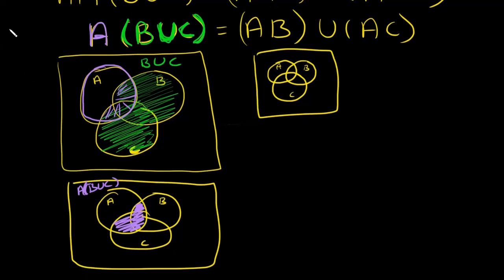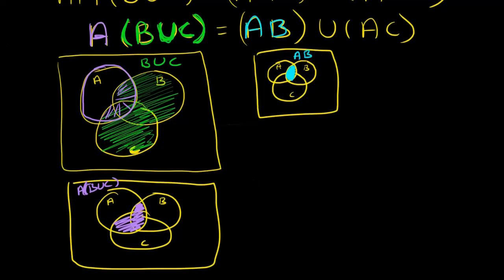I'll use blue for that. A intersection B, remember, is where A and B both are, so that would be right here. This is what I've marked here in blue.